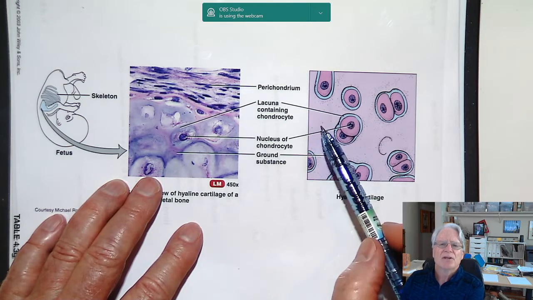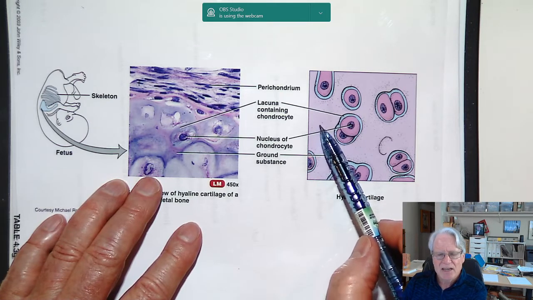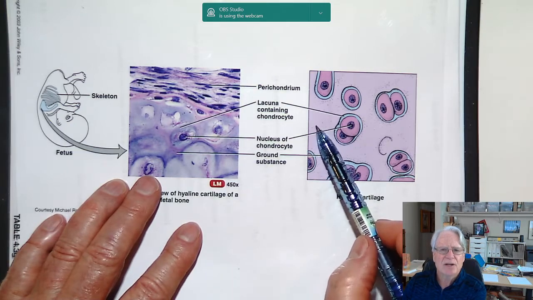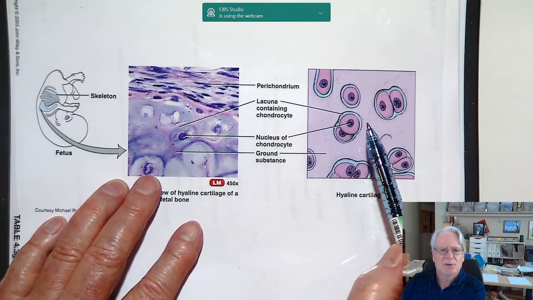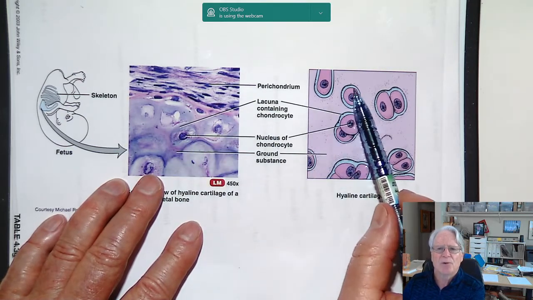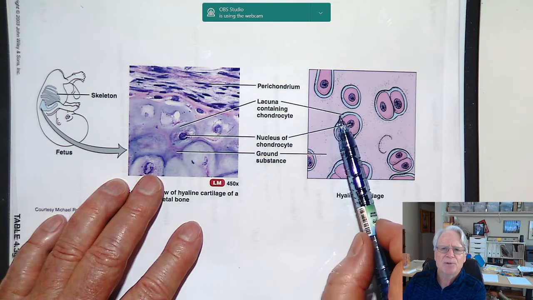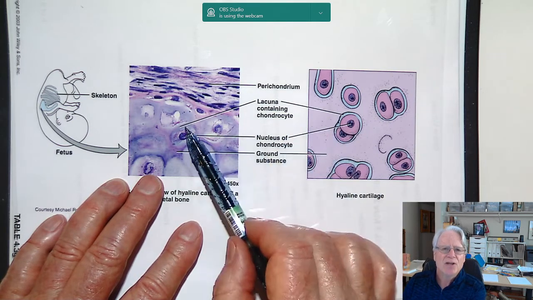Now remember, cartilage was the exception in 2 situations: lack of blood and lack of nerves. And so one of the reasons that cartilage takes such a long time to repair itself is because all these cells that are responsible for the repair and maintenance of the extracellular material, they're trapped within that matrix. No blood vessels.